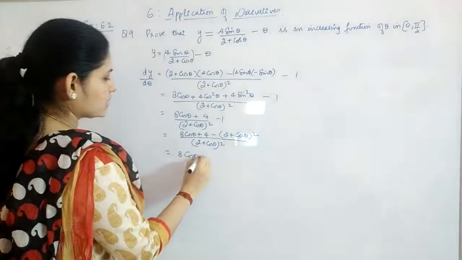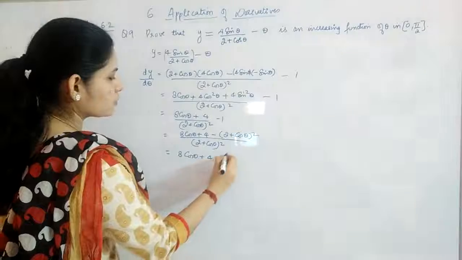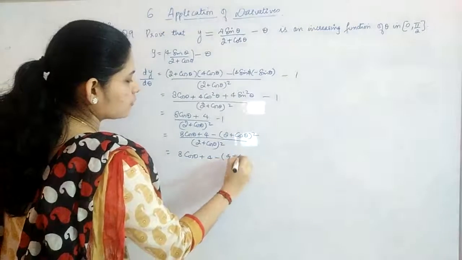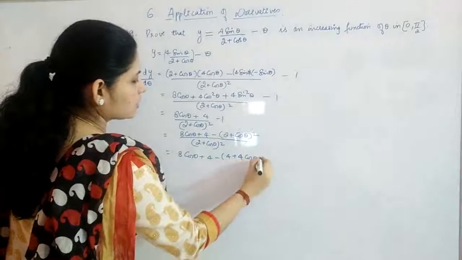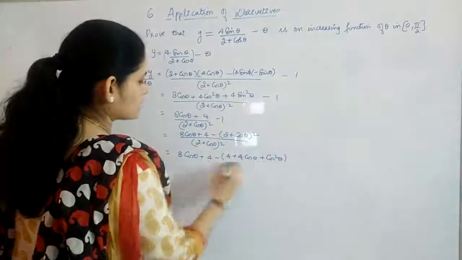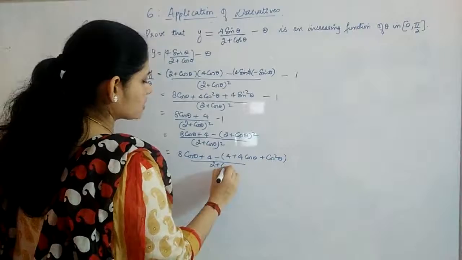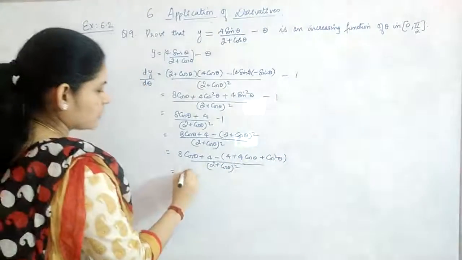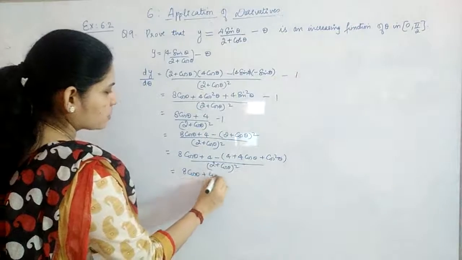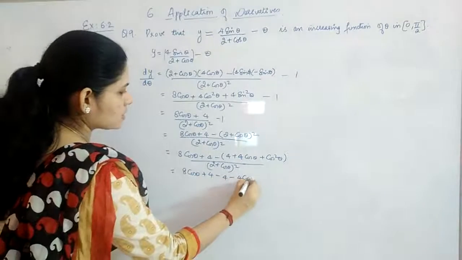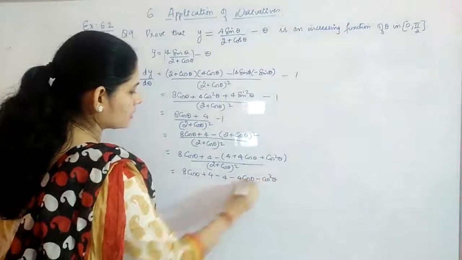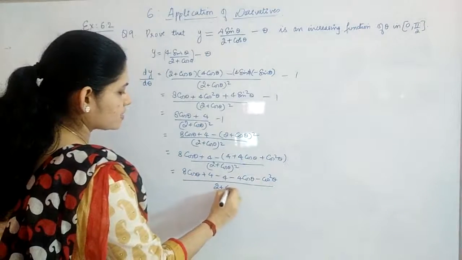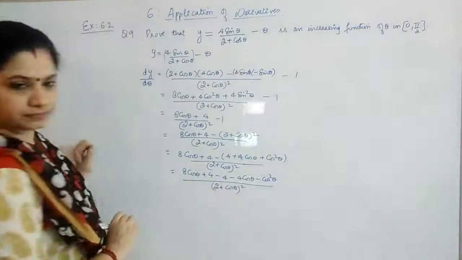After expansion you will get 8 cos theta plus 4 minus of 4 plus 4 cos theta plus cos square theta, divided by 2 plus cos theta the whole square, which is equal to 8 cos theta plus 4 minus 4 minus 4 cos theta minus cos square theta, divided by 2 plus cos theta the whole square.